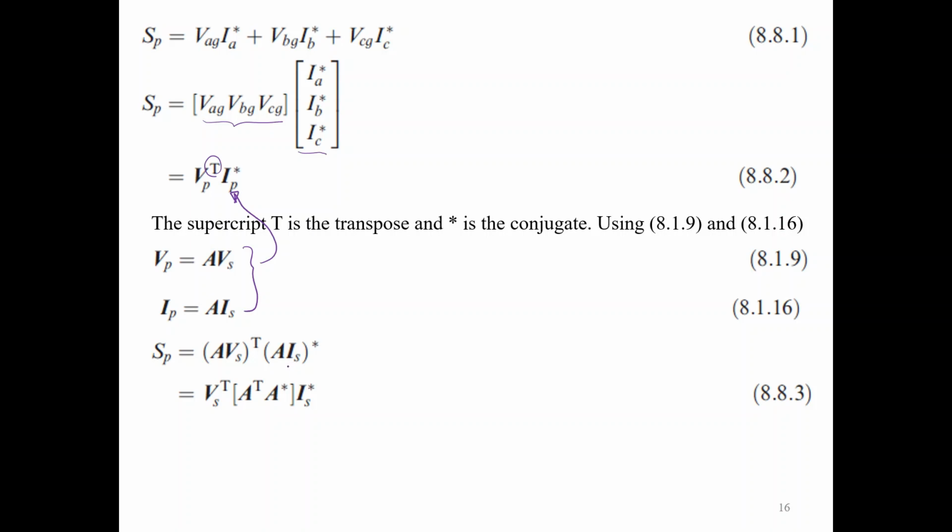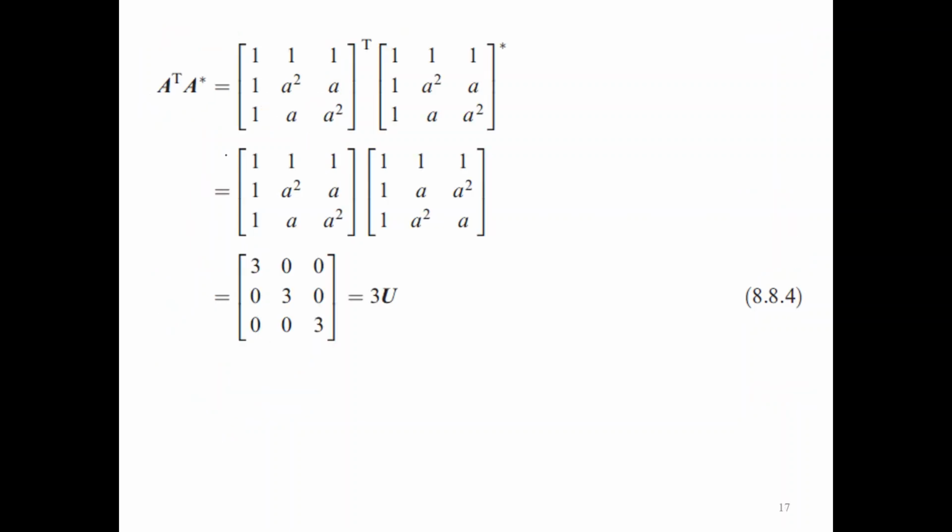Now, since these are matrix multiplications, you can relocate the matrices. Now you put A transpose together with the A conjugate. So you have to see the property of this: A transpose times A conjugate.